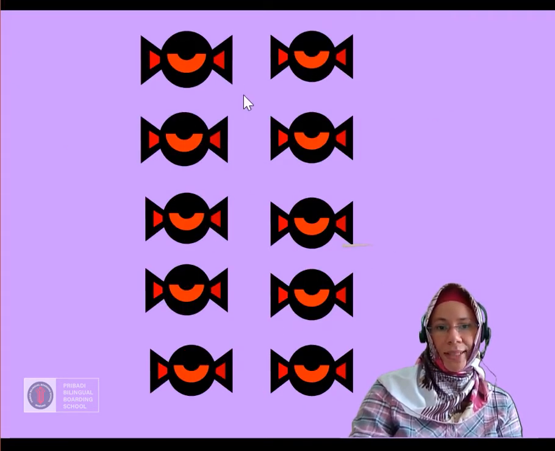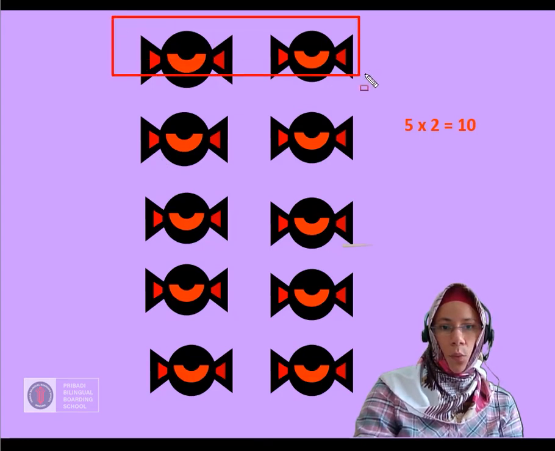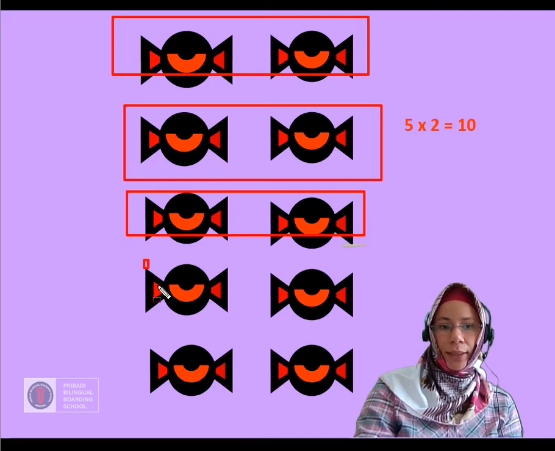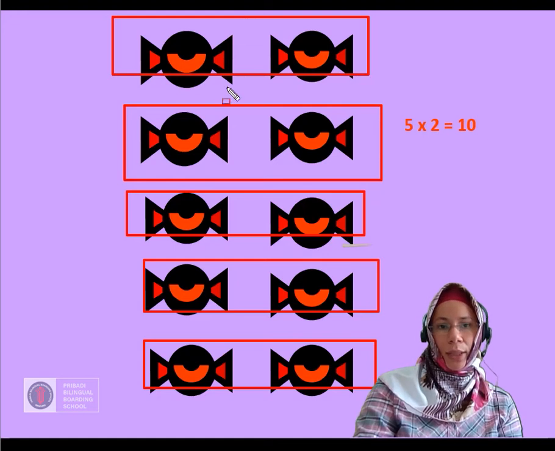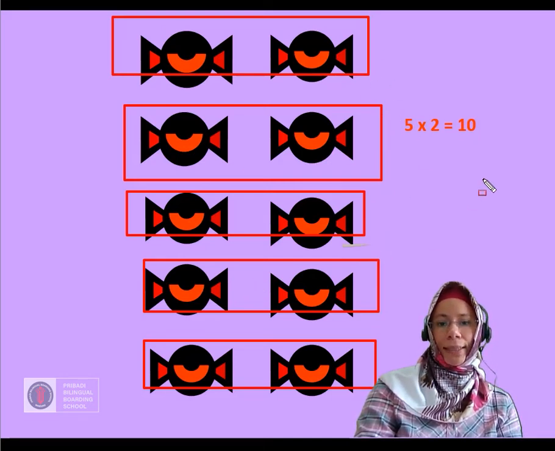So here we have sweets. So she has 5 friends. Okay, the first friend, second friend, third friend, the fourth one, and fifth one. So each friend gets 2. So how can we write this as a multiplication? 5 times 2 equals the total, 10.